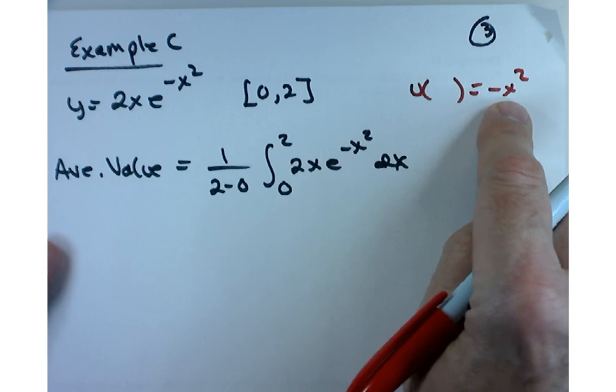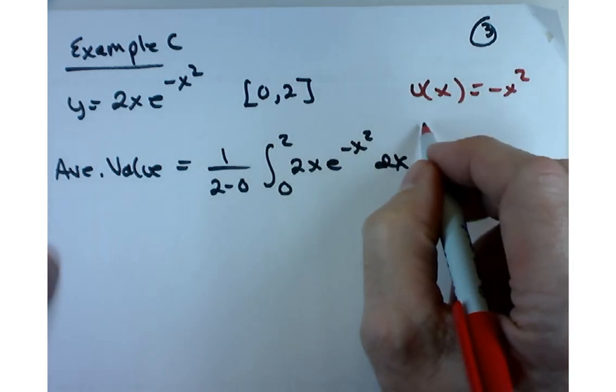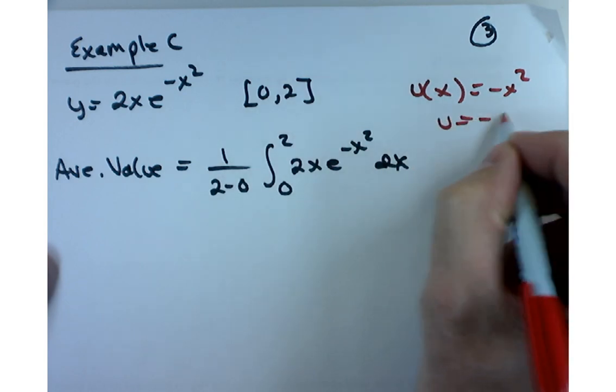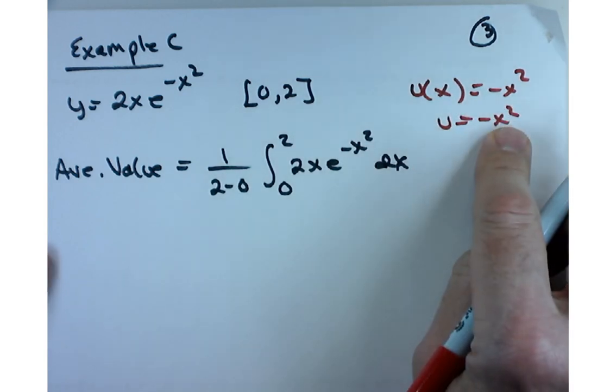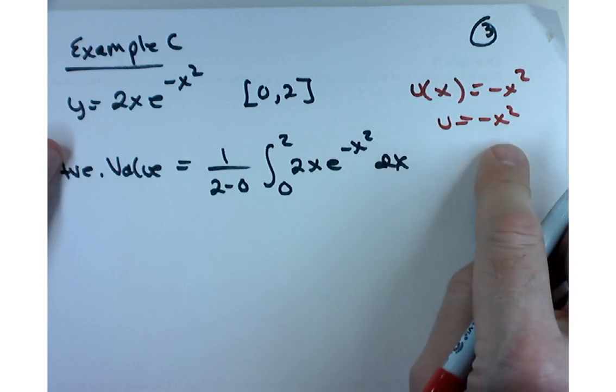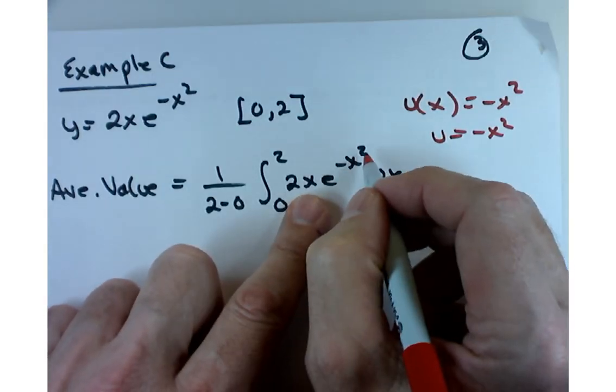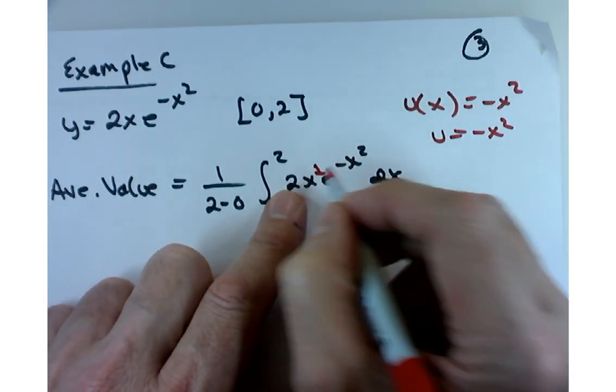Now, the thing about a u substitution is that when you decide on u, then eventually you have to differentiate this, right? What happens when I differentiate a squared term? What am I going to get? Yeah, I'll get a minus 2x. I'll get something to the first power. The thing that you should notice is that if that's a 2, this is a 1.